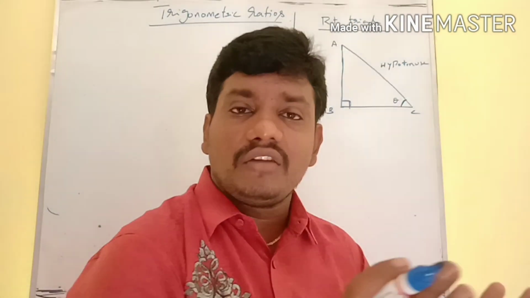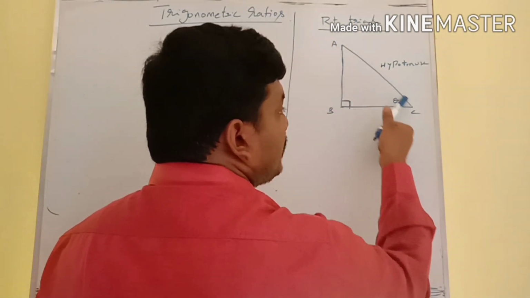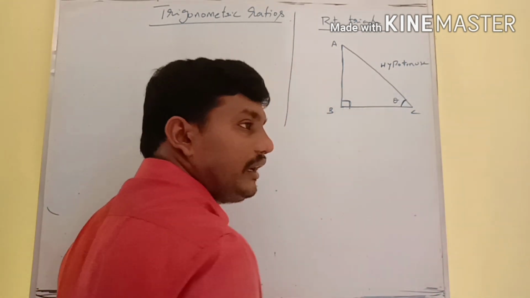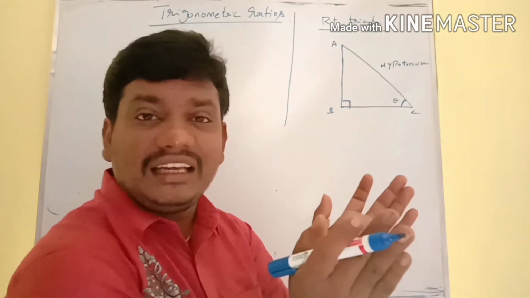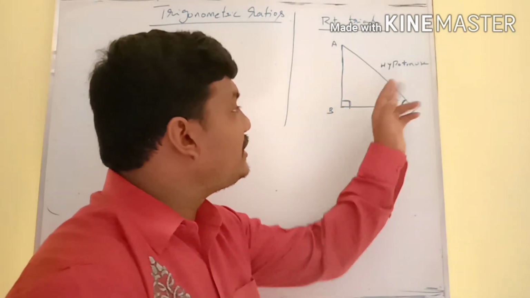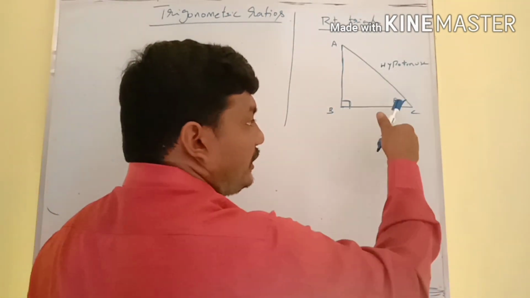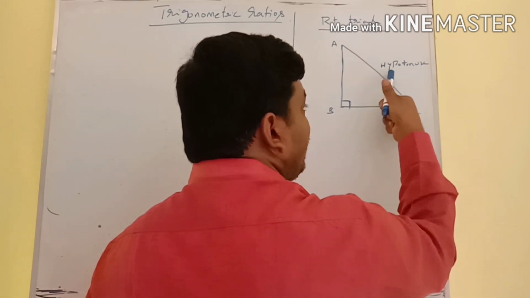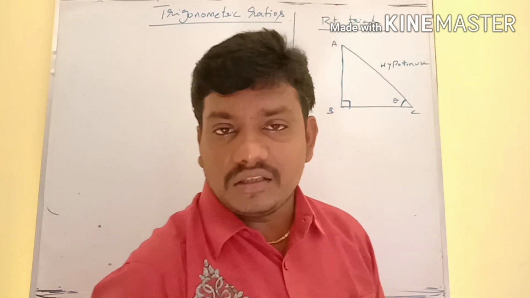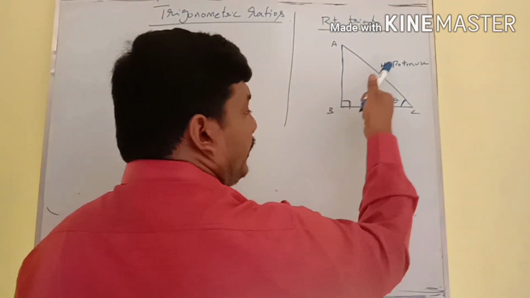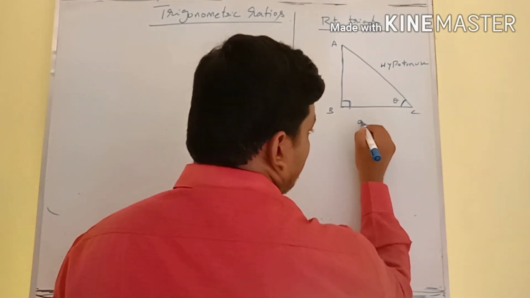Theta is an angle formed by the combination of two sides, and those two sides forming the angle are called adjacent sides. But since one of them already has the fixed name hypotenuse, the other is known as the adjacent side to theta.